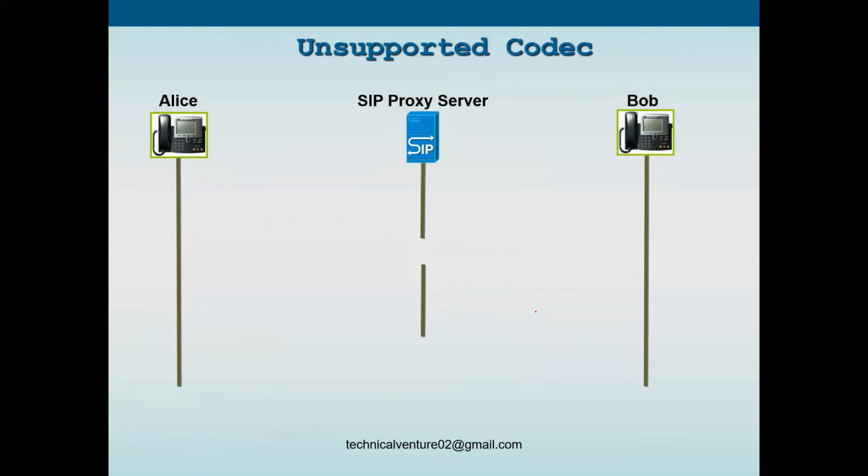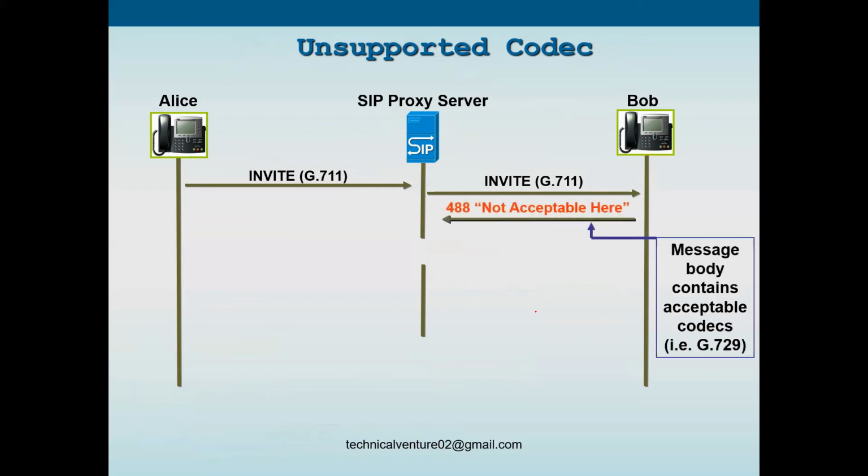Okay, now we will discuss unsupported codecs. First we can see there is an invite message with the G711 codec to the SIP proxy server. The SIP proxy server sends the G711 invite to Bob, and Bob says, I don't have G711, so Bob responds with 488 Not Acceptable.